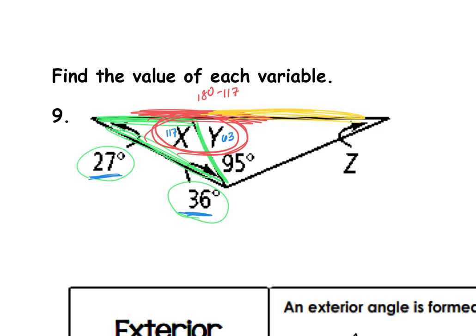So we have the one on the right now, and the one on the right, we now have 2 numbers. So 180 minus our 63 minus our 95 is going to tell us that z is 22. So when I write these down, I'm going to have x equals 117, y equals 63, z equals 22.